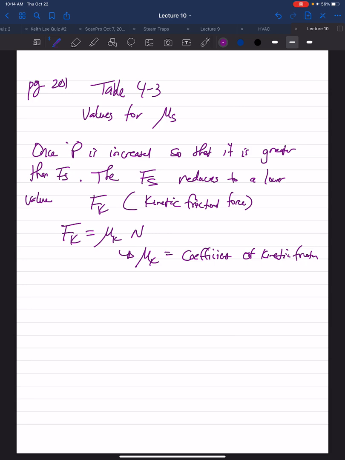Typical values of mu sub k are approximately 25% lower than the mu sub s values from table 4-3.